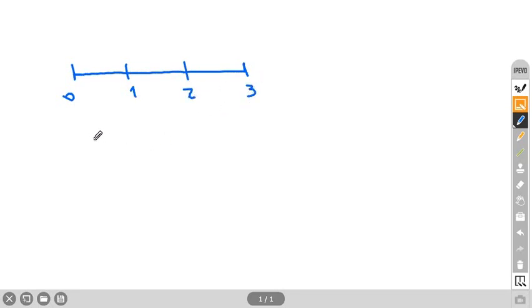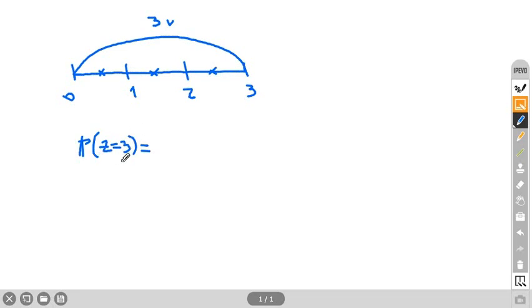The probability that Z is equal to 3, so exactly 3 views during these 3 hours, is not the same as having 1 view in the first hour, then 1 view in the second hour, 1 view in the third hour.